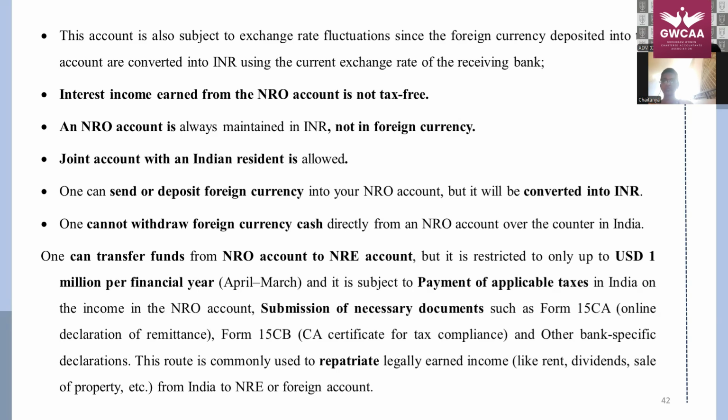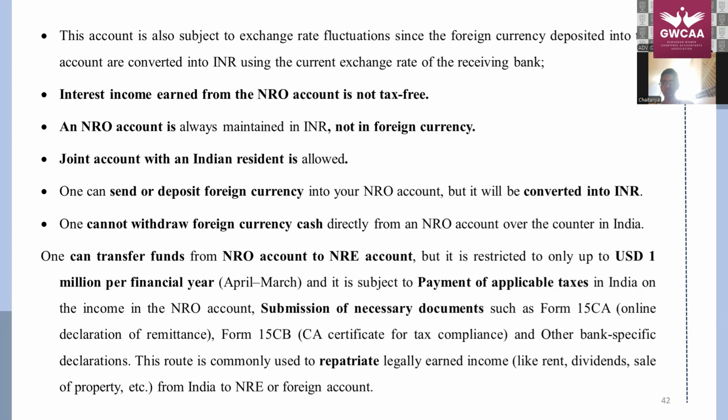So from NRO to his NRE account, he can transfer up to $1 million. So up to $1 million he has transferred from NRO to NRE, and now the fund has transferred out of India, and out of India he can withdraw those funds from the NRE account in foreign currency.